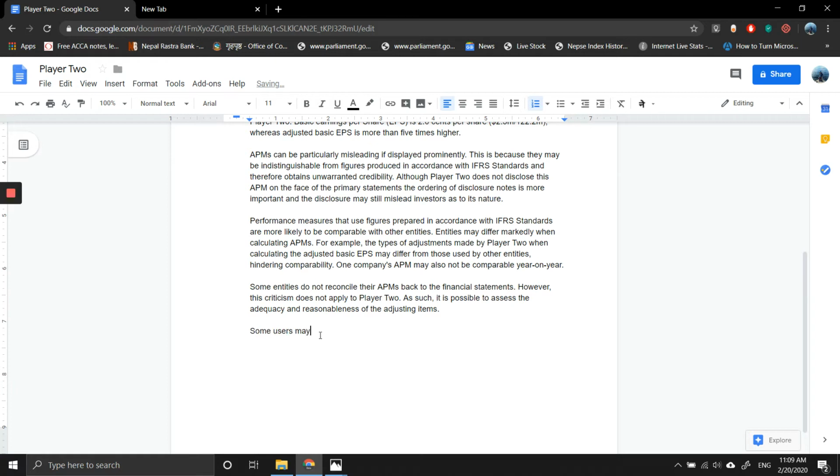Some users may question the appropriateness of the profits adjustment that Layer 2 has made to arrive at adjusted basic EPS.